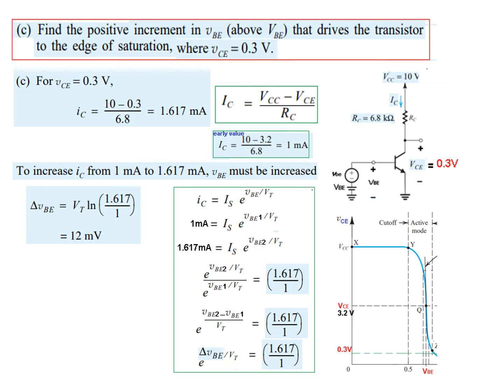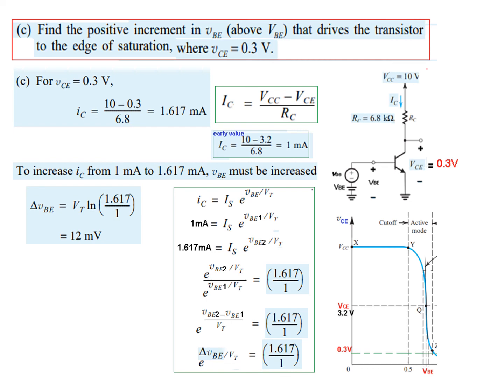And now if we divide this by this, then we'll have 1.617 at the top and 1 at the bottom, and IS will cancel. e^(VB2/VT) divided by e^(VB1/VT). This can be written in this form, and VB2 minus VB1 is actually change in VB, that is delta VB.